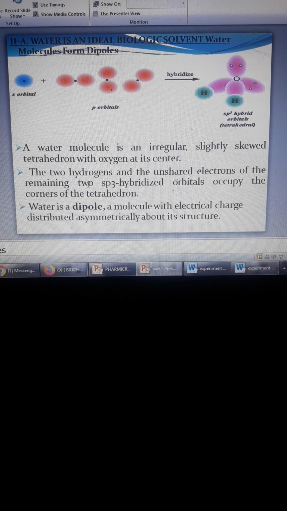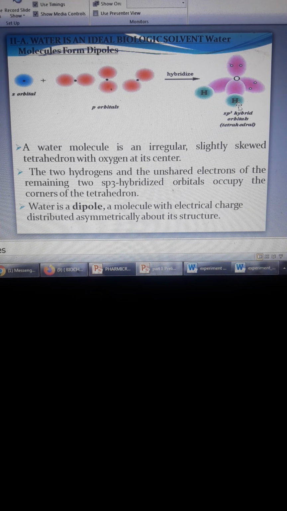Water is a dipole, meaning the electrical charges are asymmetrically distributed about its structure. So there is no symmetry, and the distribution of the electrical charges is in opposite directions.